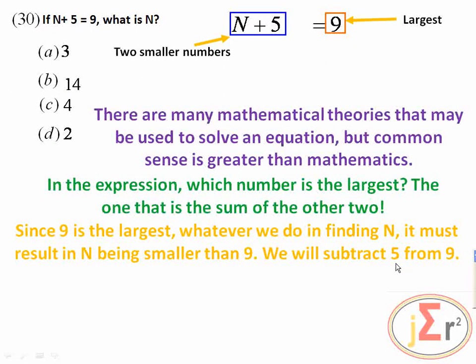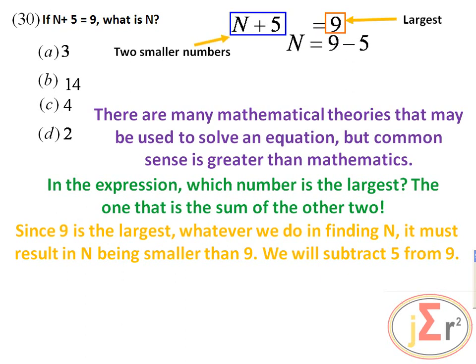So there we have the two small numbers that add to give the large number, right? Since 9 is the largest, whatever we do in finding n, it must result in n being smaller than 9. We will subtract 5 from 9. So whatever we do, the result must be smaller than 9. So we are subtracting. Okay? So we will subtract.